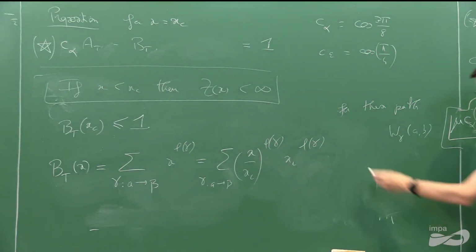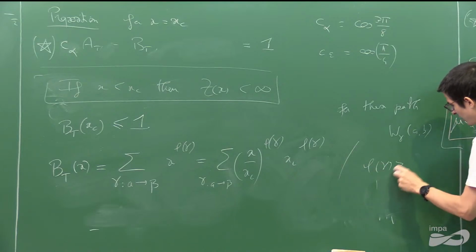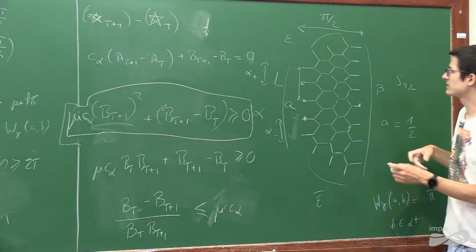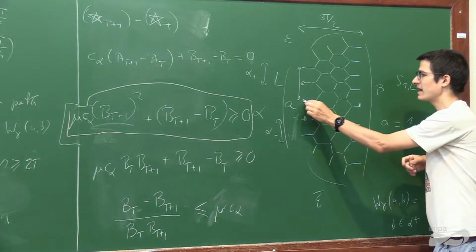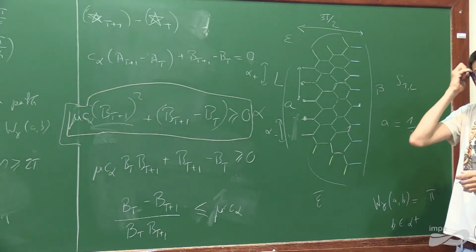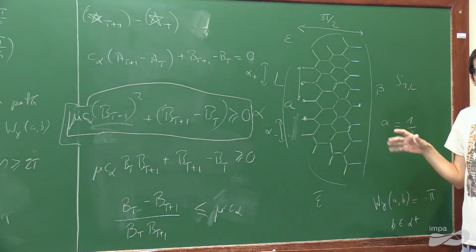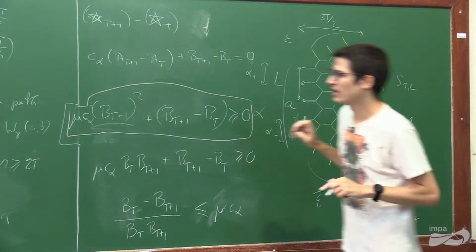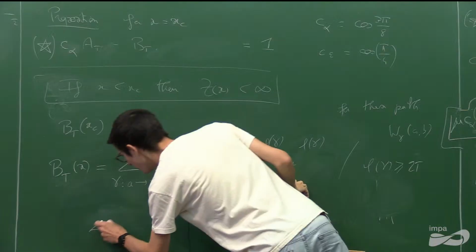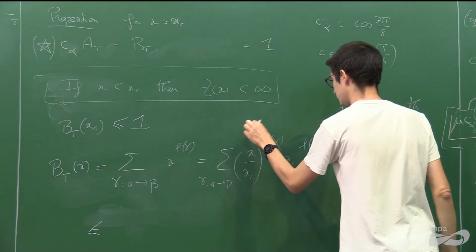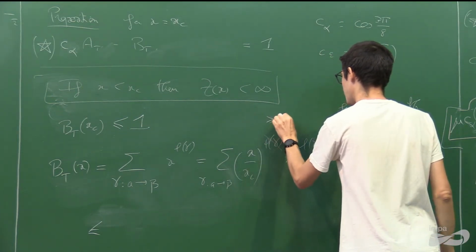Now you can say, oh, well, L gamma has to be larger than 2t. The shortest path that can cross this, I have to use at least t edges, but it's also true that I have to use at least 2t. So L gamma is larger than 2t.